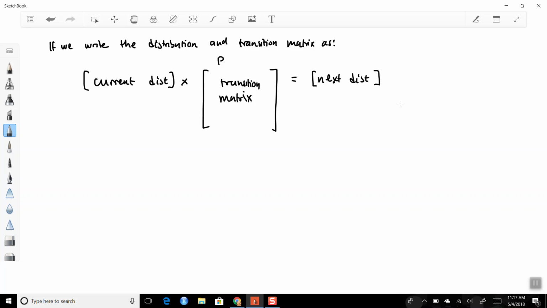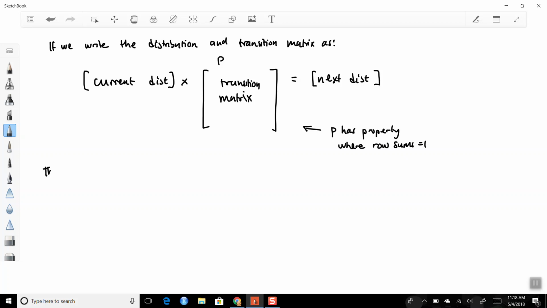Then if we reach a point where this vector times the matrix is equal to the current vector, that's going to be an eigenvector of the matrix, right? That's the property: the row sums equal 1, okay?